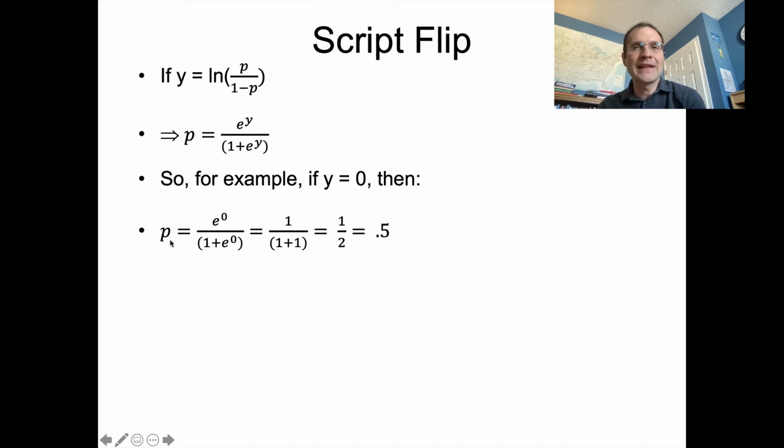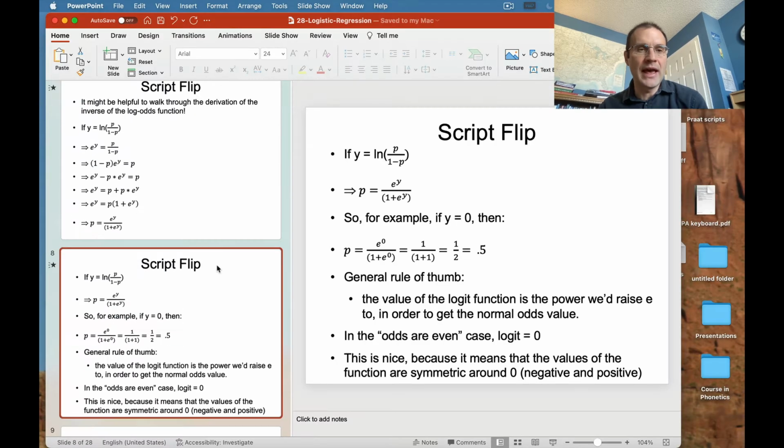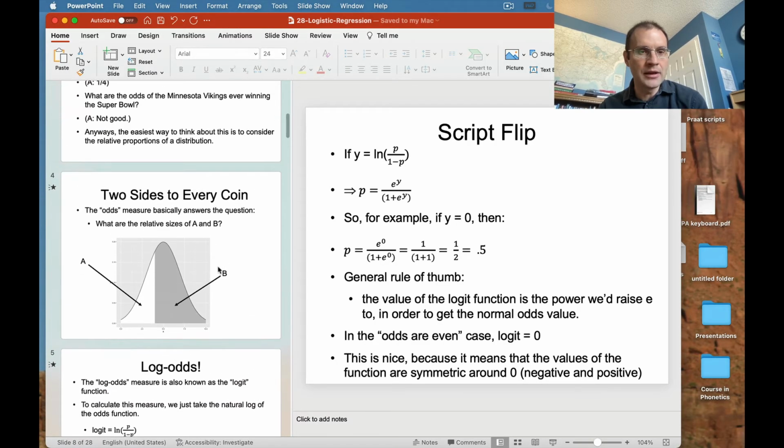So that's a pretty even probability. If you're talking about two possible outcomes, this is right down the middle. When you flip a coin, you should get heads or tails with a probability of 0.5. That's the scenario we're talking about. When you have a probability of 0.5, then y, your log odds ratio, is going to be 0. So that's a landmark you can rely on.